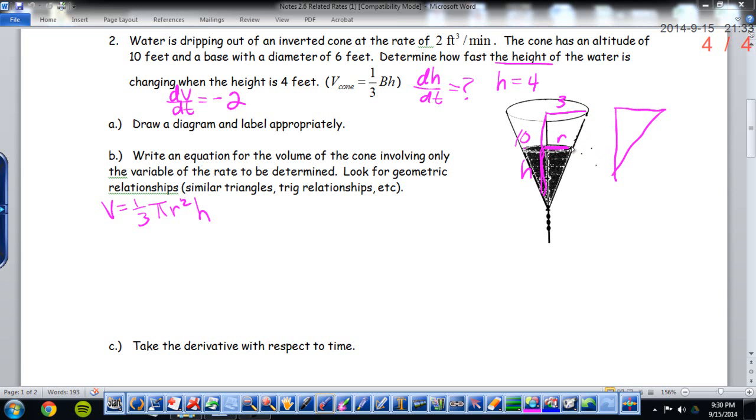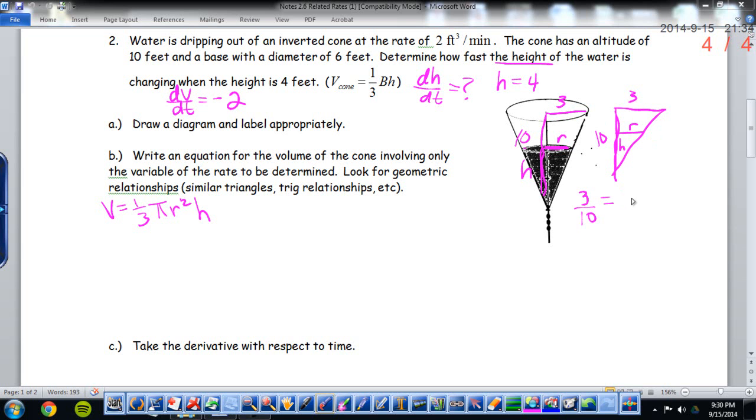Okay, so that's where these geometric relationships come in, and hopefully you remember this from a very recent after party. So if I redraw these two similar triangles that I've created here, then the height of the big triangle was 10, and that side is 3, and then the height of the little triangle is h, and that side is r. So I have two similar triangles right here, and I can write a proportion.